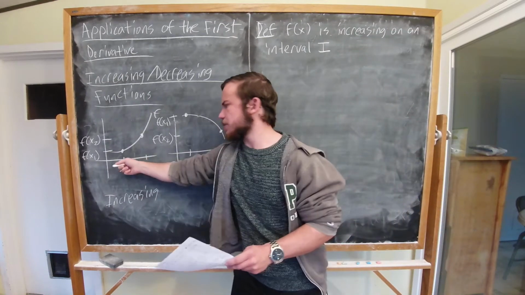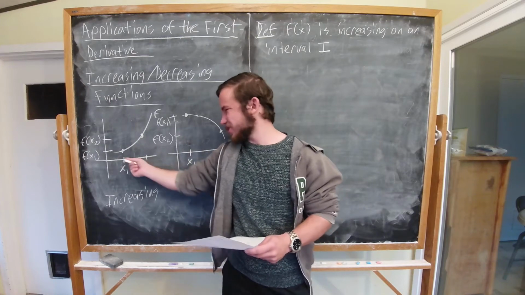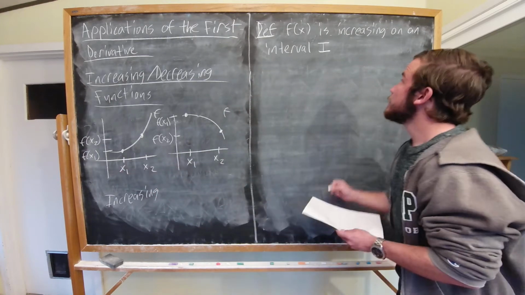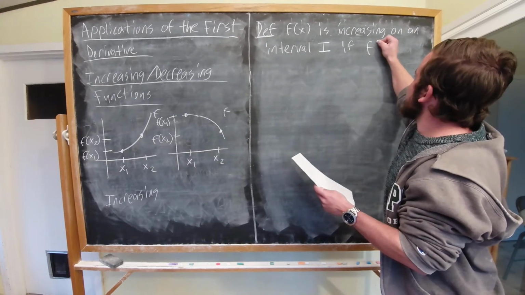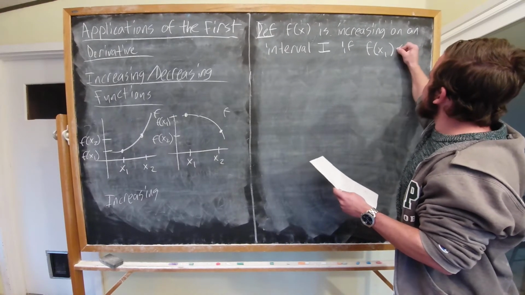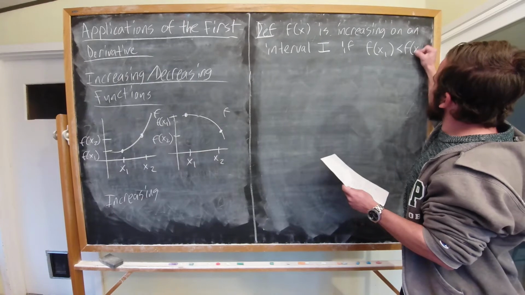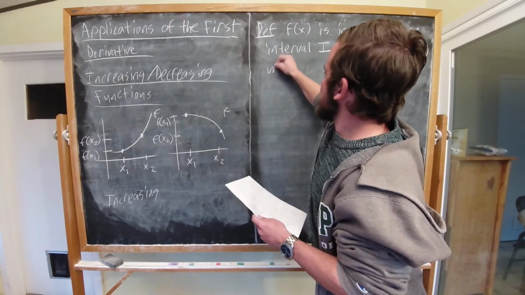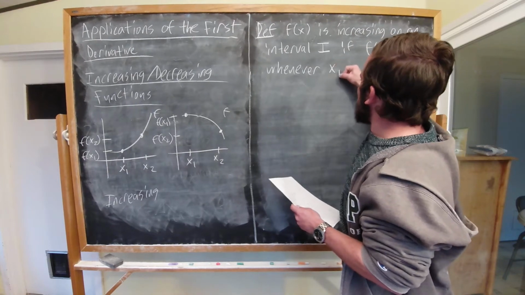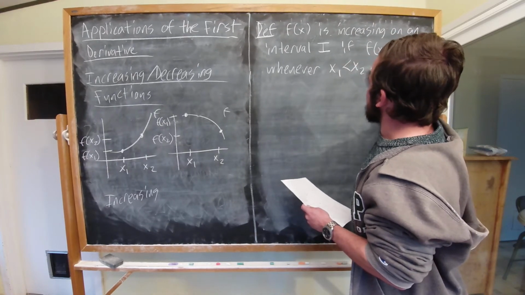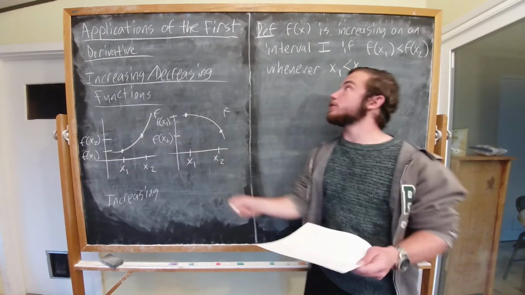Since it only makes sense to talk about it over a region, and over a region that's all connected. If f of x1 is less than f of x2 whenever x1 is less than x2. So exactly what the picture would have guided us to.